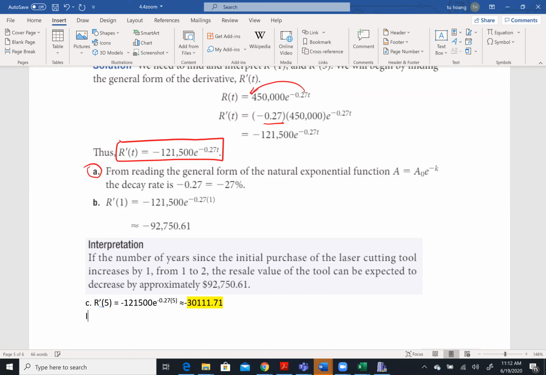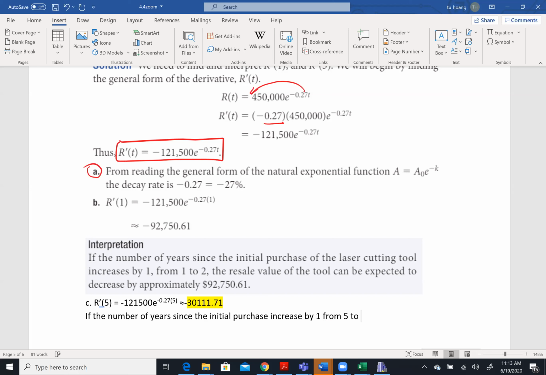So say if the number of years since the initial purchase, because t is that, right? Increase by 1 from 5, right?